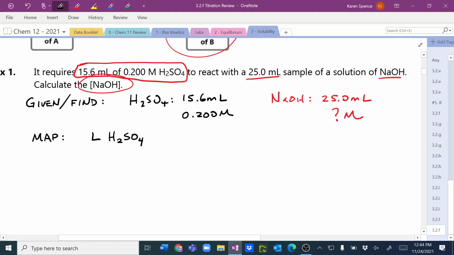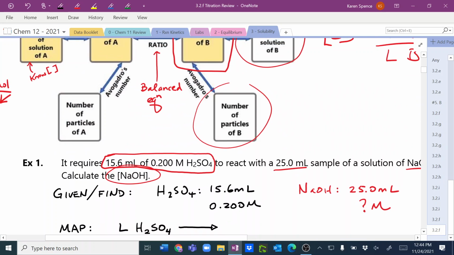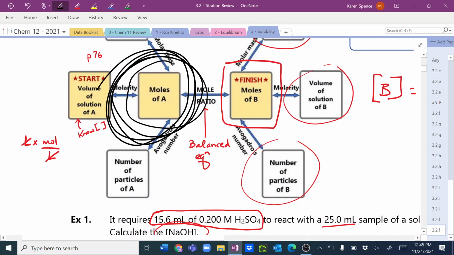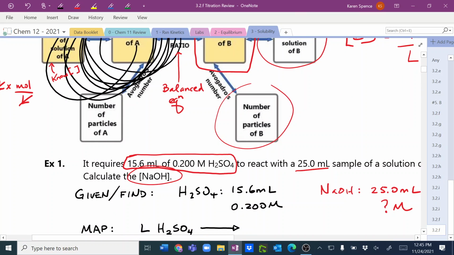That'll make life easier, yes? What will we do with our liters? What will step 1 be? We will convert liters into moles, okay?